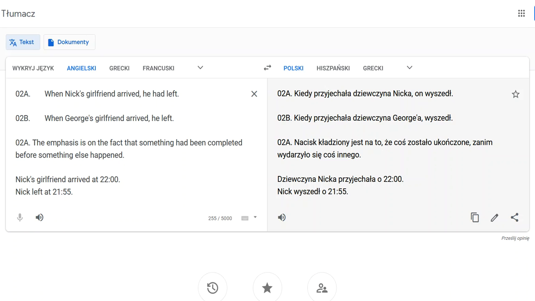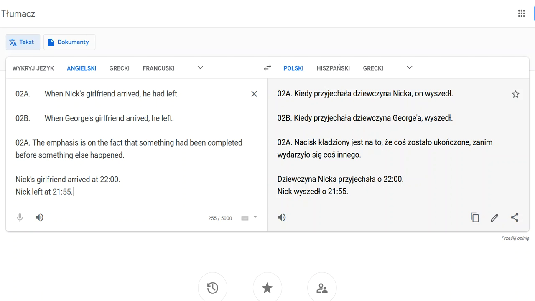So we have two incidents here, two things that happened. Nick's girlfriend arrived at 22 hours. Dziewczyna Nika przyjechała at 22 hours. And Nick wyszedł at 21:55.